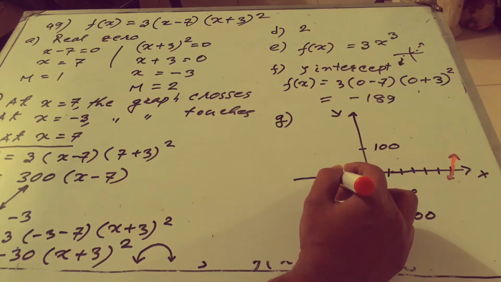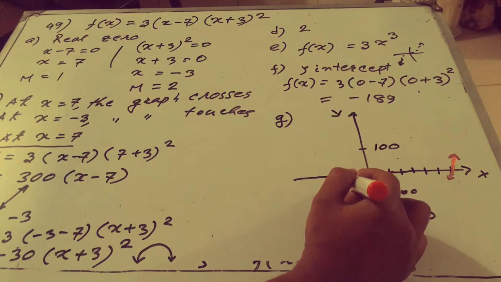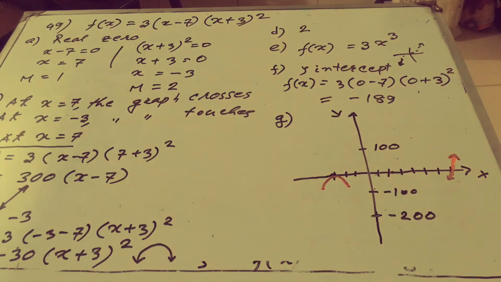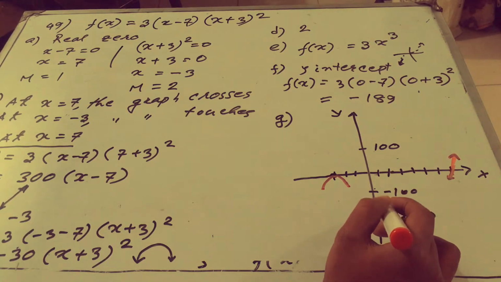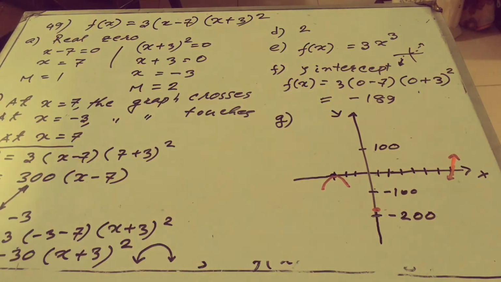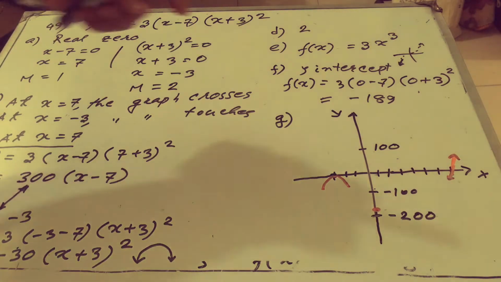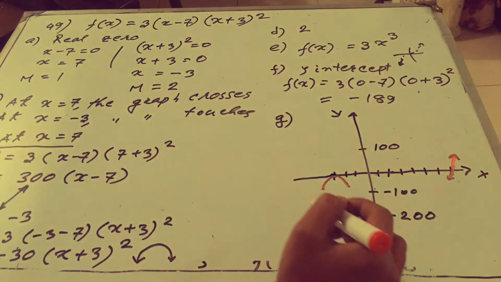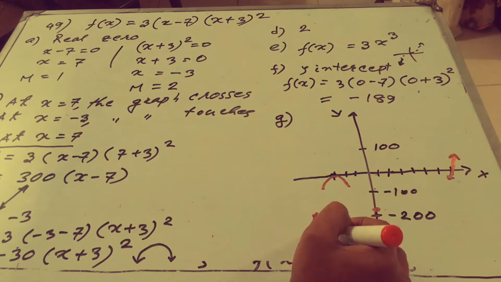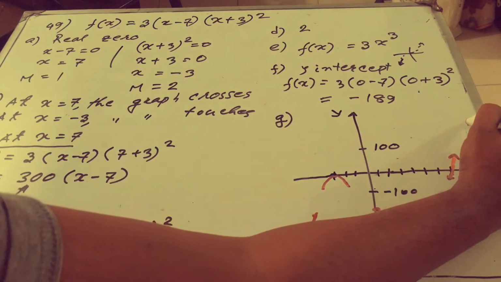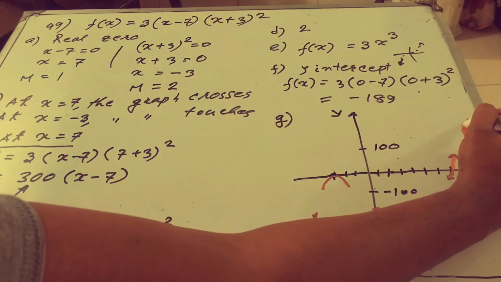So negative opening parabola means like this, a down opening parabola. And the y-intercept is minus 189, which will be somewhat here. And then we have our end behavior. End behavior is this. So you see the arrow, one end arrow will be like this, and the other end arrow will be somewhat like this. So this is our end behavior.